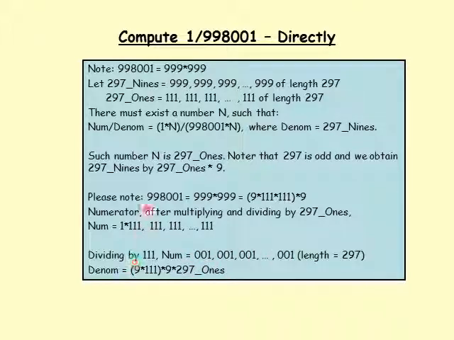In the denominator, we cancel out one of the nines here, so we're left with 9 times 111. We have divided by 111, so we're left in the denominator with 9 times 111, and this other 9 and the 297 ones we still have.